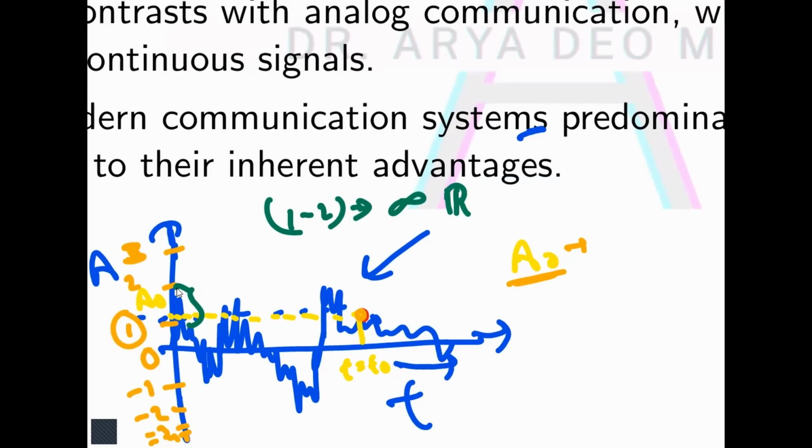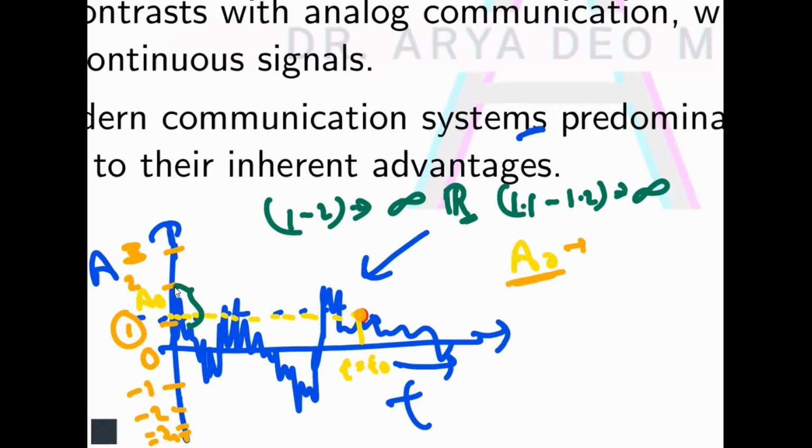If you go for a number line and try to figure out how many real numbers can fit between 1 and 2, it's infinite. And not just 1 and 2, even for any two numbers, say 1.1 and 1.2, we still have infinite.